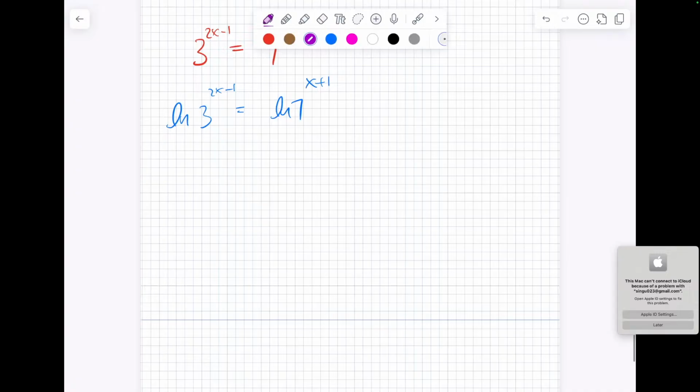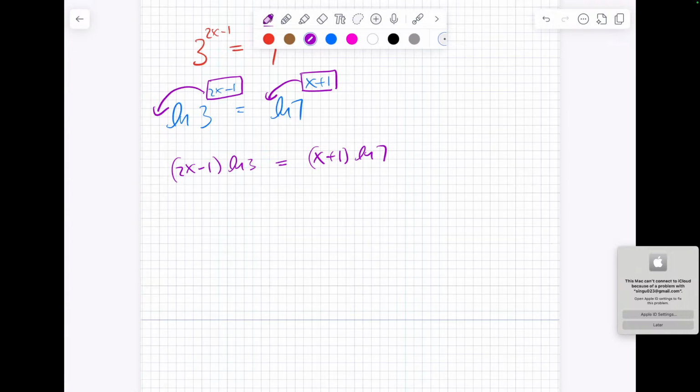So what you can do is, this is a power. For the natural log of something to a power, that power can come down to the front. So it'd be 2x minus 1 times the natural log of 3. Now, this part is where the confusing part is: x plus 1 times the natural log of 7.